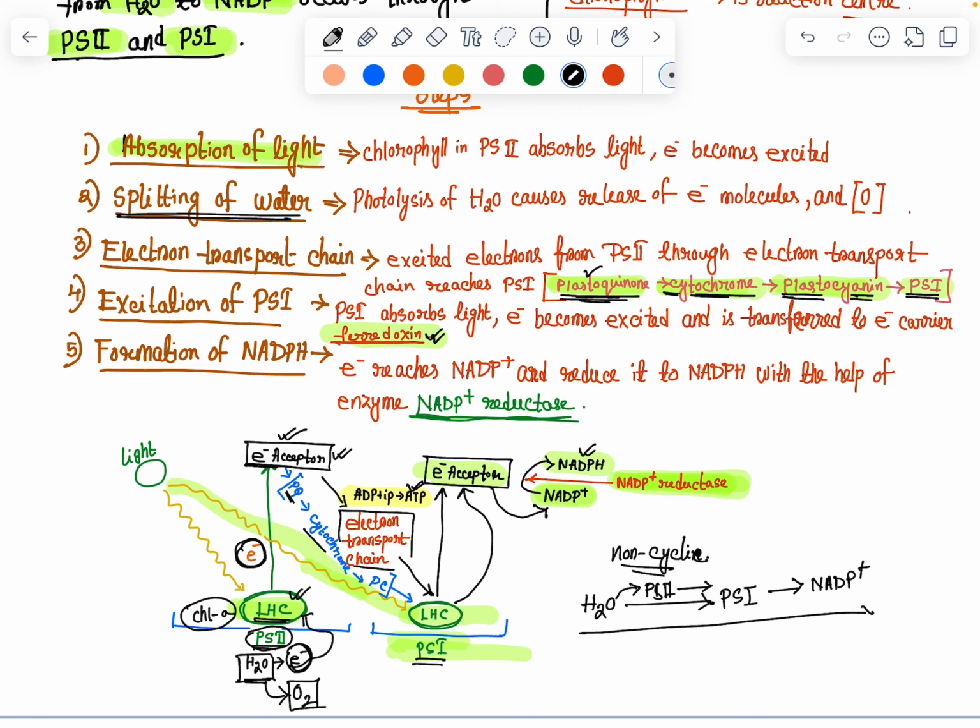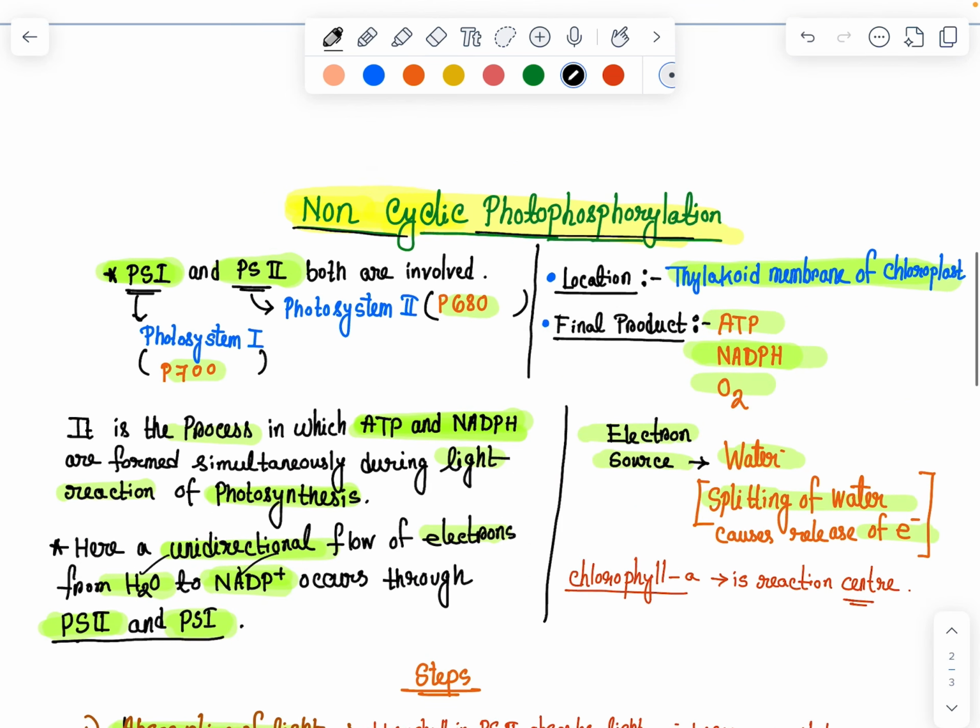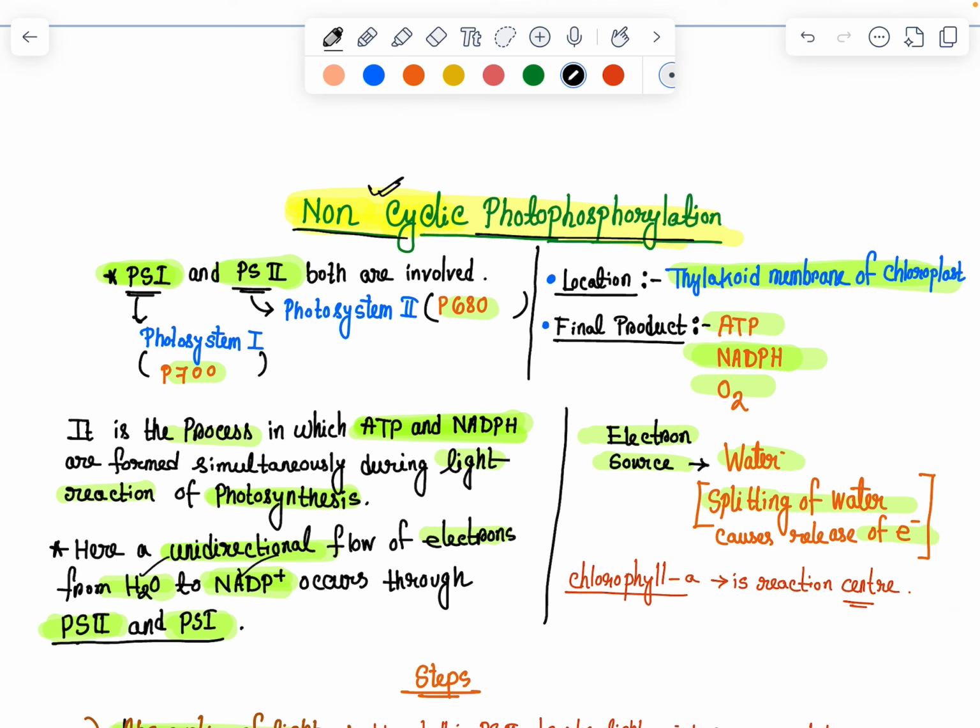So the electron is moving from here to here, but it is not coming back. There is no cyclic process of the electron coming back. It is a non-cyclic process. So that is why we are calling this non-cyclic photophosphorylation.